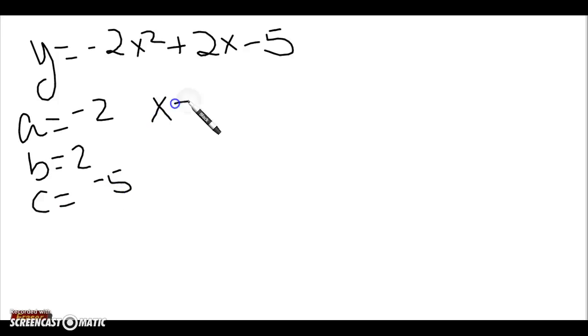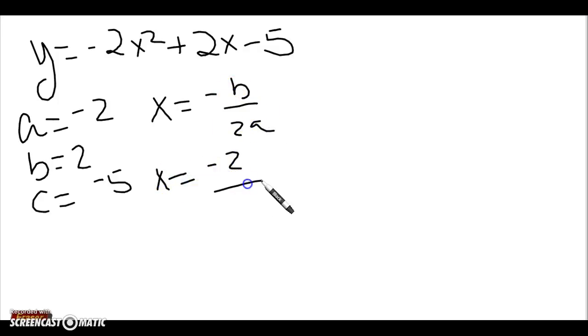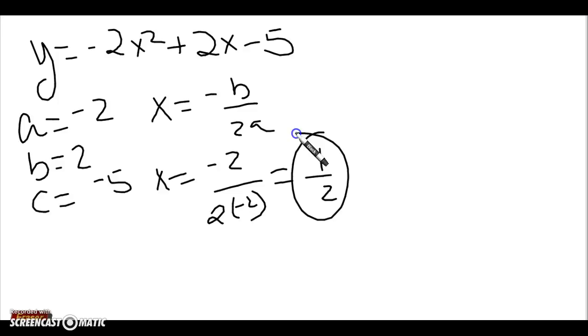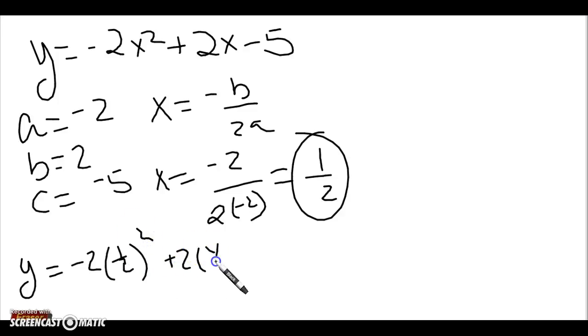Axis of symmetry is going to be x equals negative b over 2a. So I get negative 2 over 2 times negative 2, which gives me 1 over 2. So I plug this 1/2 back in. So I get y equals negative 2 times 1/2 squared plus 2 times 1/2 minus 5.